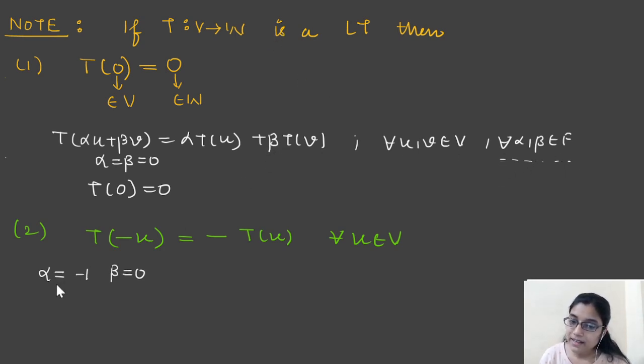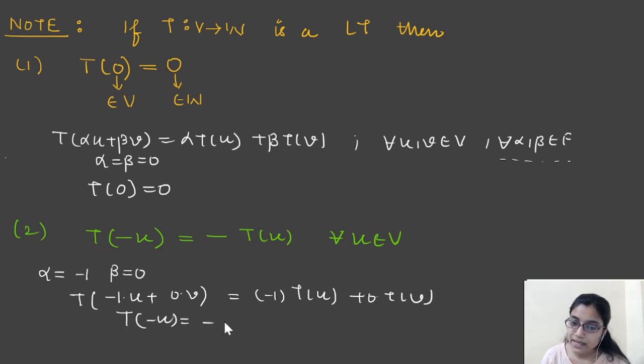So I am considering alpha equal to minus 1 and beta equal to 0. Now you see, T of minus 1 times u plus 0 times v is equal to minus 1 times T of u plus 0 times T of v. What does it become? T of minus u equals minus T of u. So it means if we are checking any mapping as a linear transformation, you need to check these two conditions first.